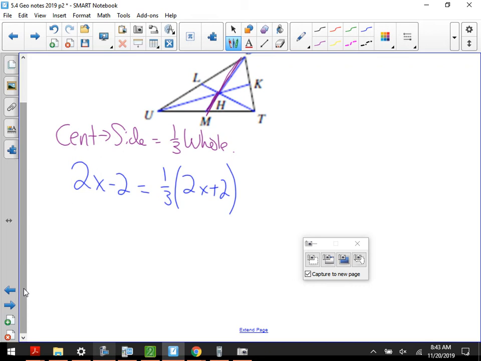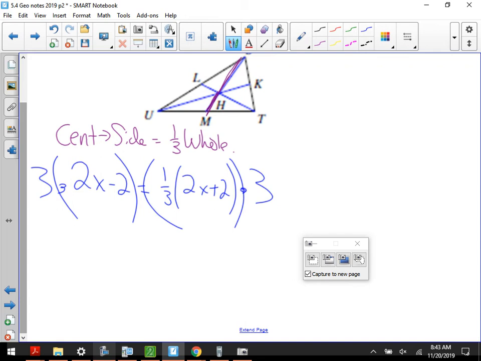Or, how do you undo multiplying by a fraction? You multiply by its reciprocal. Remember, if I wanted to undo multiplying by 1/3, I'd multiply both sides by 3. That gets rid of the fraction.